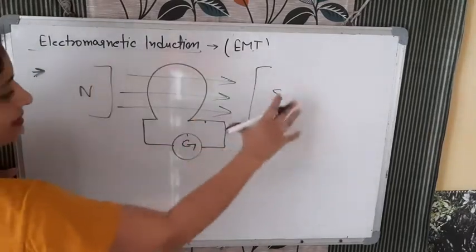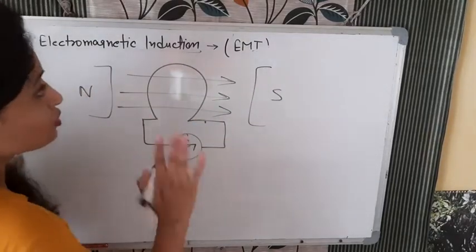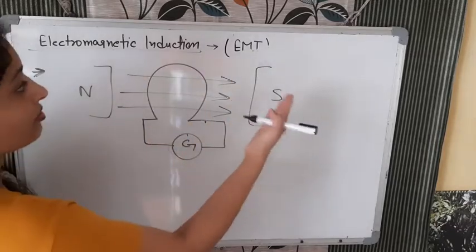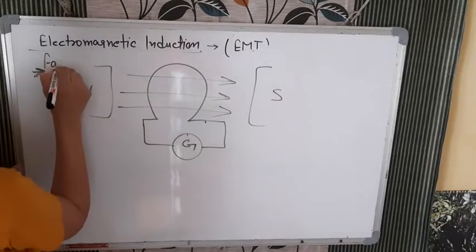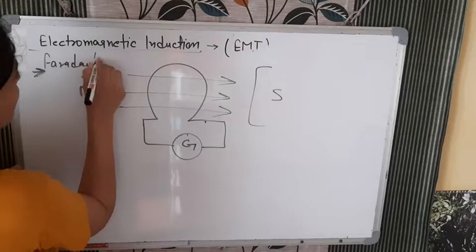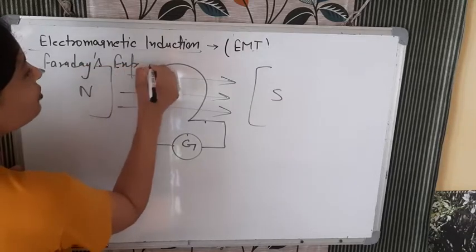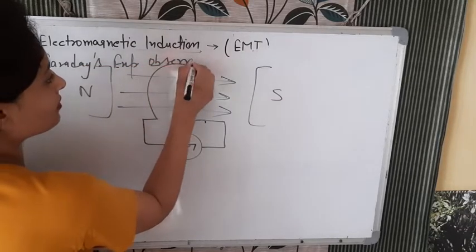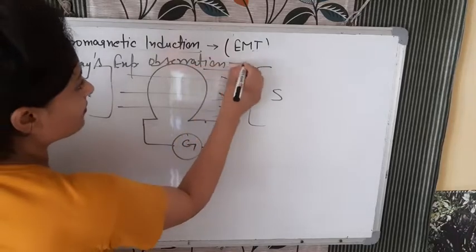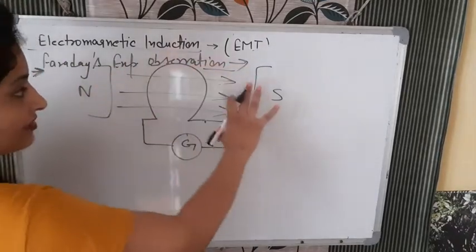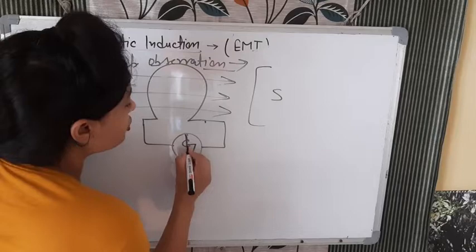So magnetic field strength is there. Here is galvanometer. So what he observed, Faraday's experiment observation, is that when magnetic field is there, there will be deflection in galvanometer.